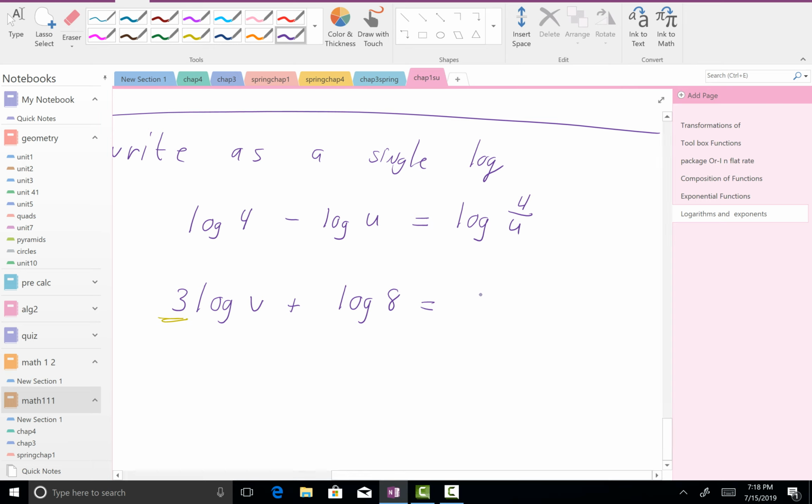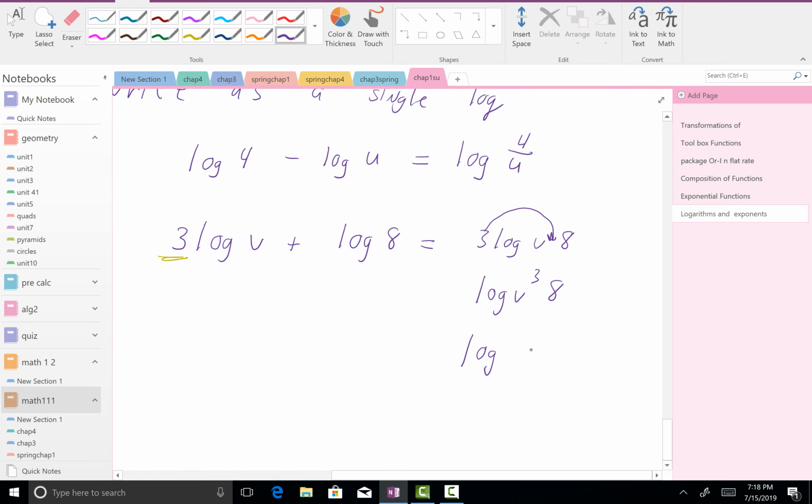We're going to have log of 8v, but this 3 has got to go up where the v is and become an exponent. Mathematically, we'd write that as 8v cubed. Because this 3 is in front of the v, it goes to that.